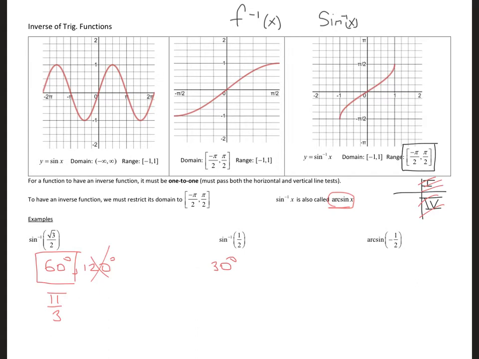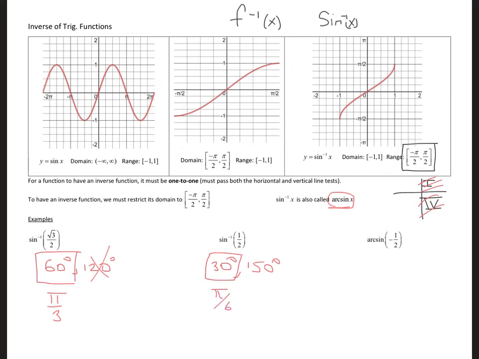So the other angle I'll be looking at is in quadrant 2. So I have 150 degrees. And again, I look at the criteria given, and what does it say? The angle can only be in quadrant 1 or 4, and it has to be between negative 90 and 90 degrees. So this angle has to be 30 degrees, which is the same as pi over 6.